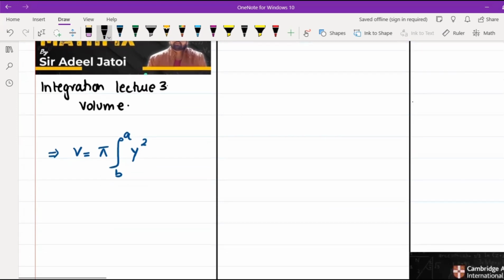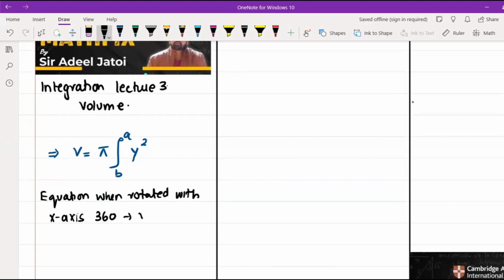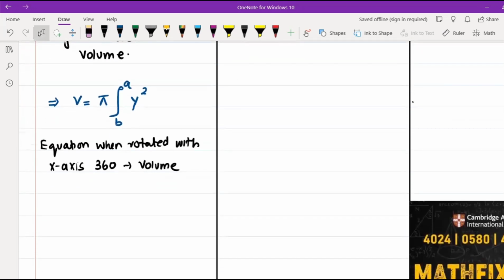That means when your equation is rotated with x-axis 360 and the examiner asks for volume, what we need to do is we will always square the equation of y with limits, integrate with limits, and then multiply by pi.